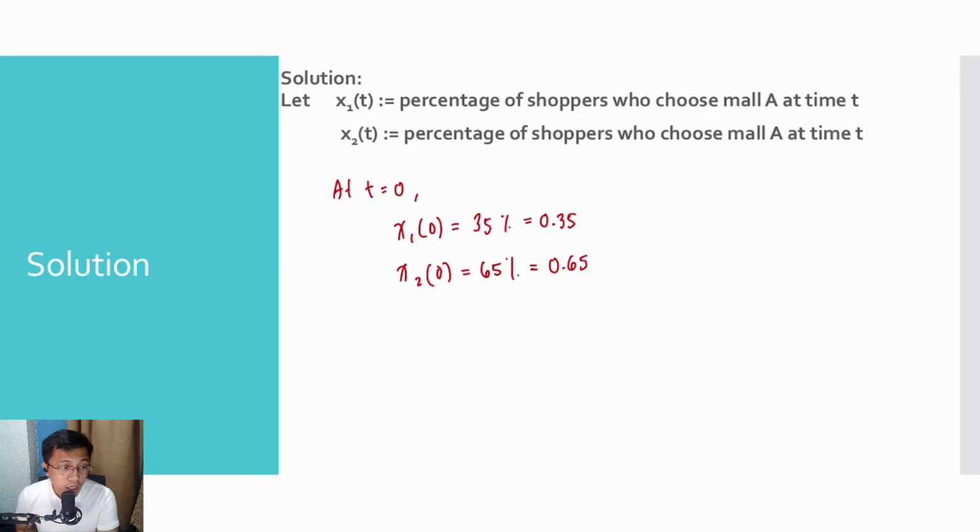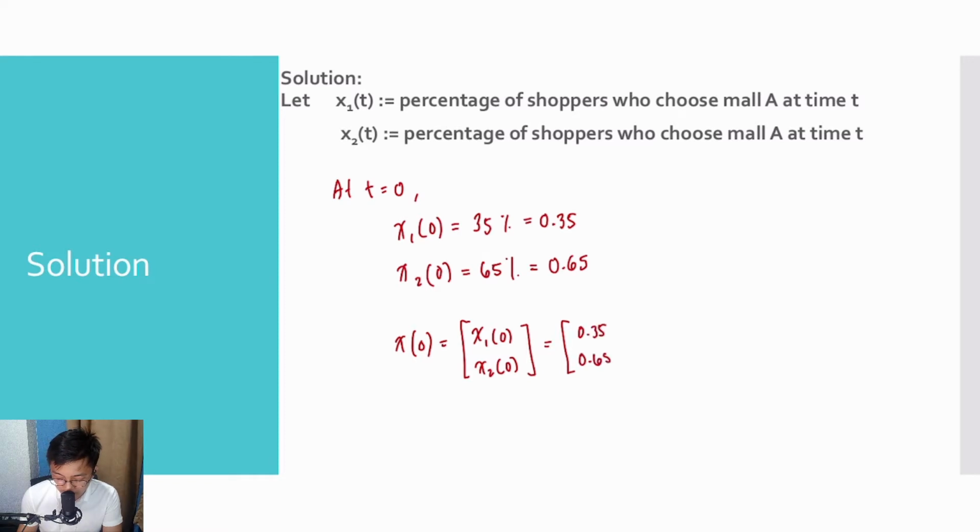So these are our initial values for the two variables. How are we going to write that as a state vector? We can write it as x of 0 equal to the column vector containing x sub 1 of 0 and x sub 2 of 0. And our initial state vector would be the column matrix 0.35, 0.65.